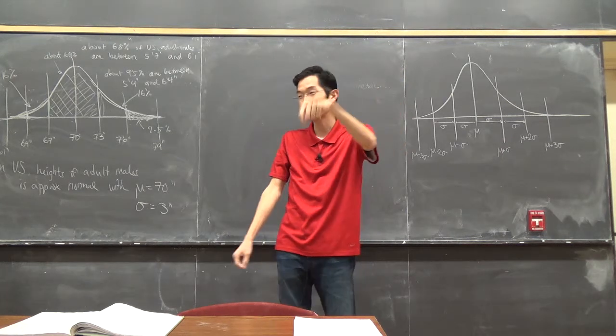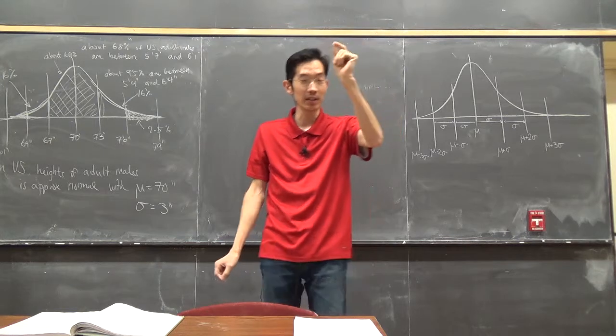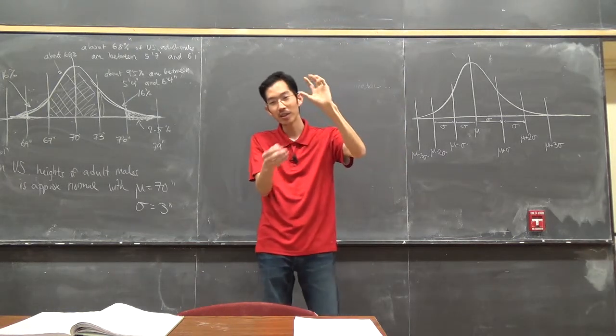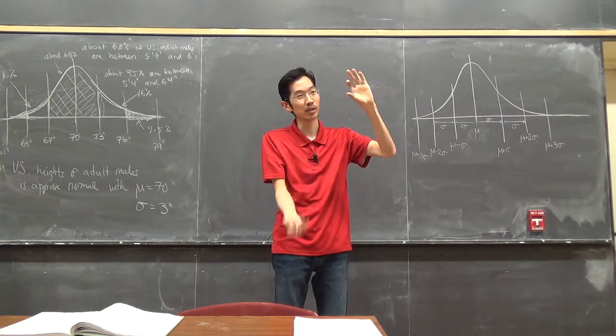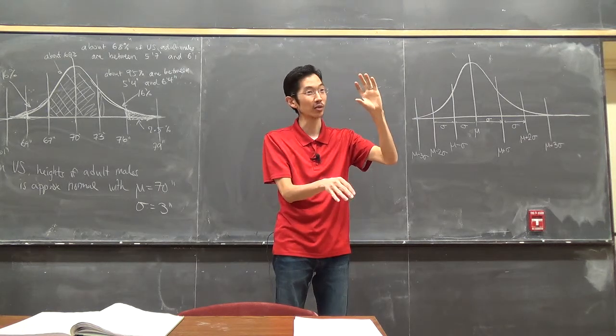That would be a random selection. And I could ask for the selected student's height. So the measurement that I'm getting here is the result of a random process, and that makes it a random variable.